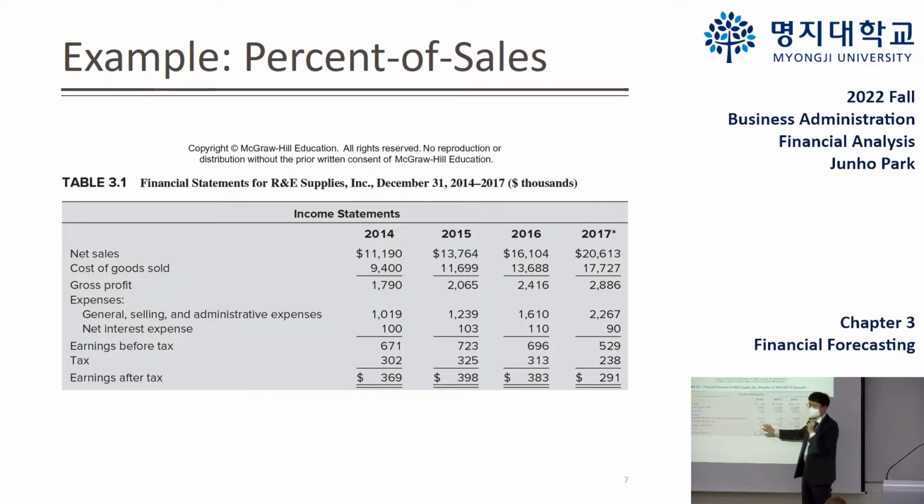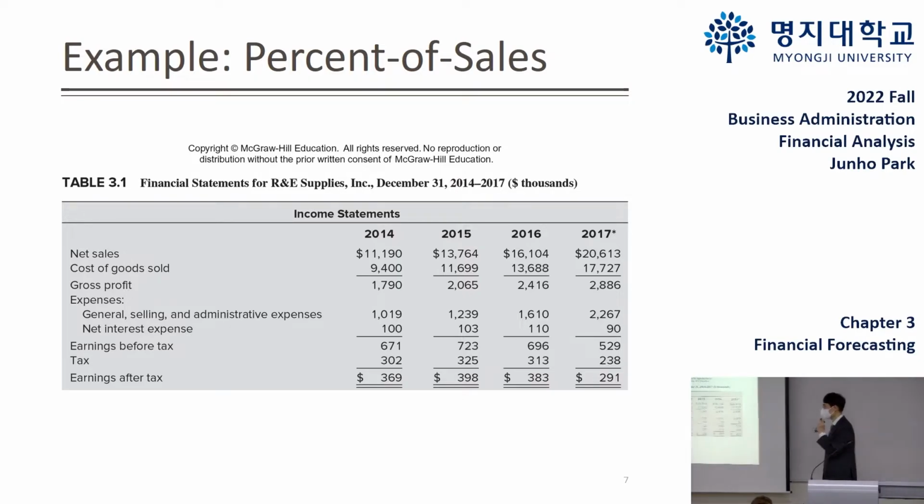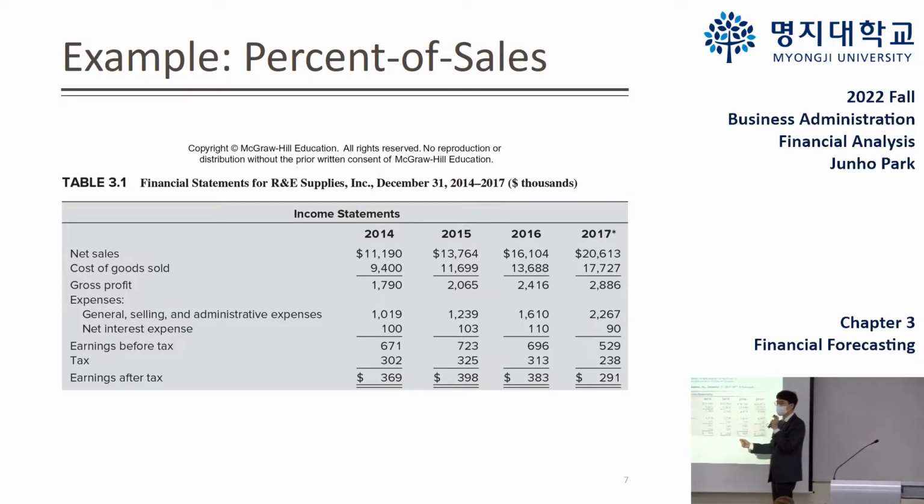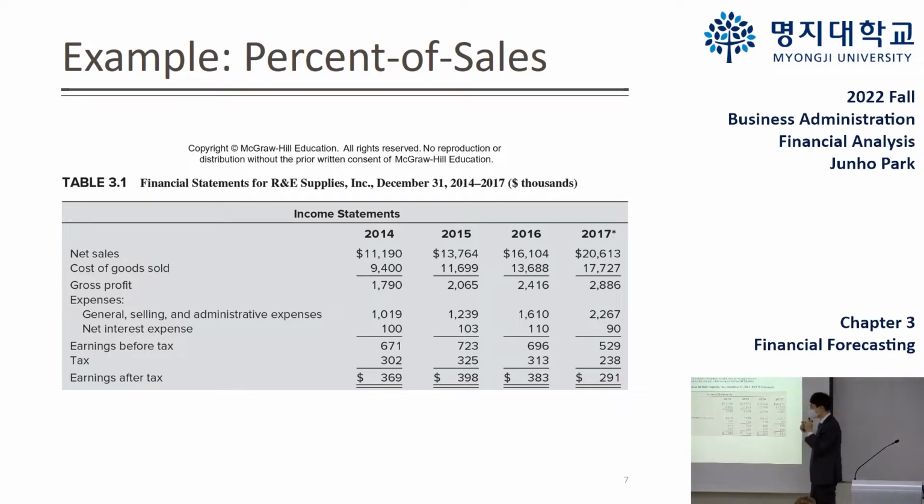So the tax rate, if you calculate, will be approximately 45%. So I'm going to use this 45% as a tax rate to calculate the tax expense under the assumption of the ROIC.